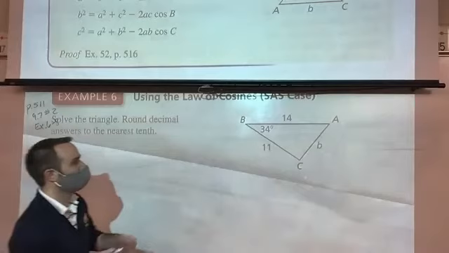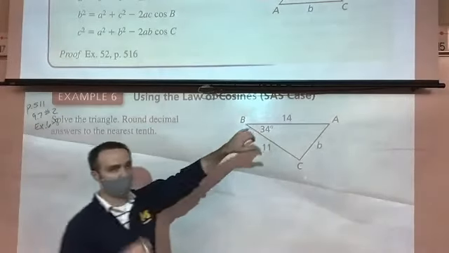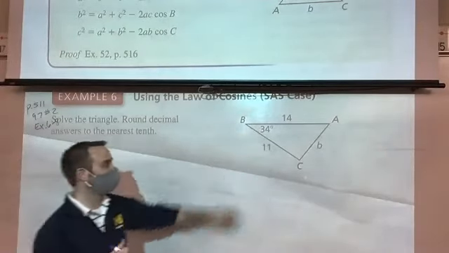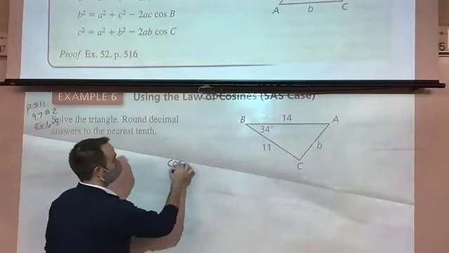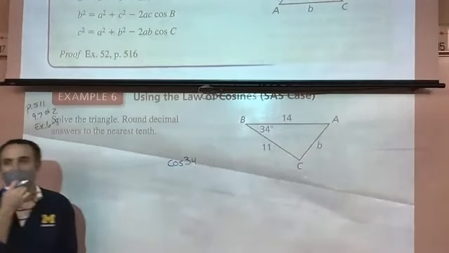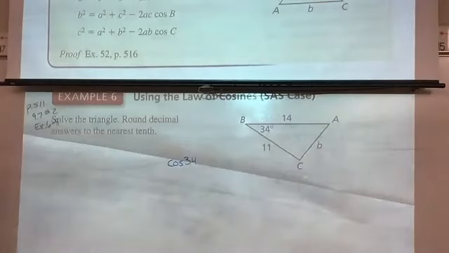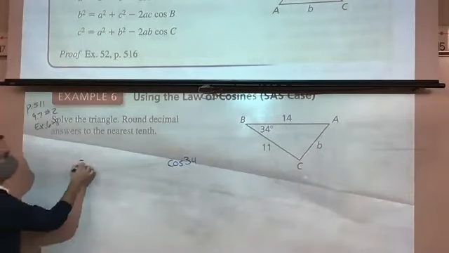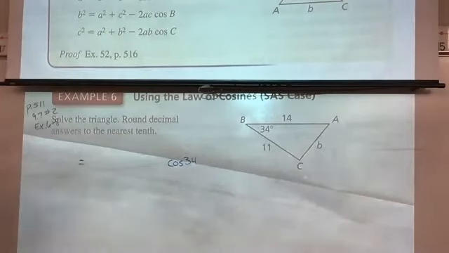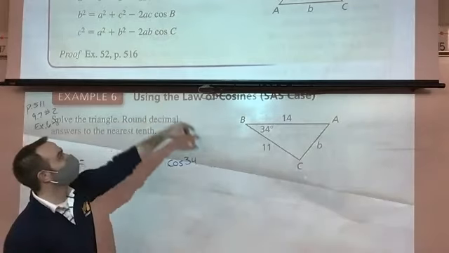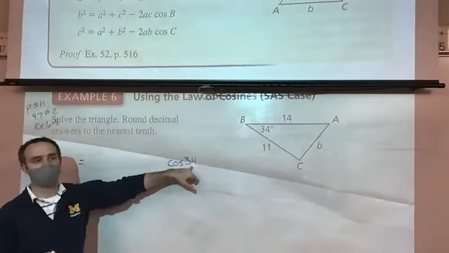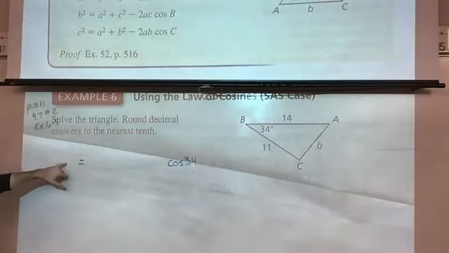So we always start with the angle that we know or that we're looking for. We know a 34-degree angle. That means we're going to have cosine of 34 at the end. And then remember we said, whatever angle you have here, the opposite side needs to be by itself. That's what we're looking for here.